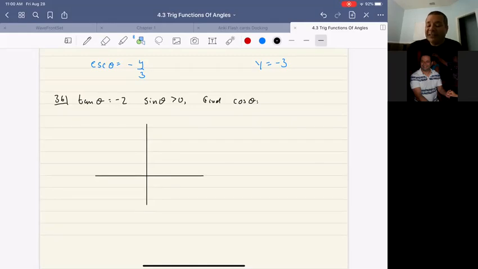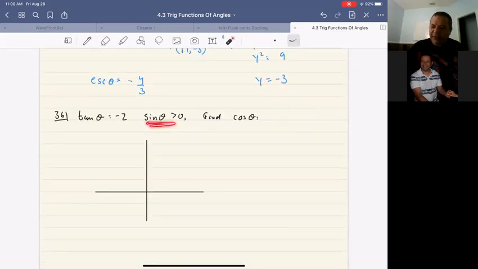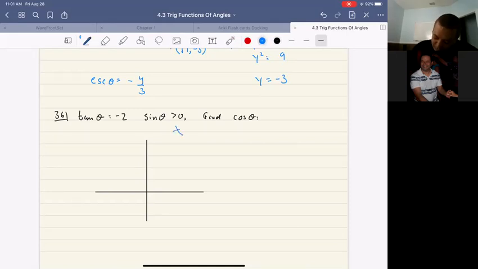Sine of theta greater than 0. Sine of theta bigger than 0, that means what quadrants are we going to draw this in? We're going to draw it in either the 1st or 2nd quadrants, right?